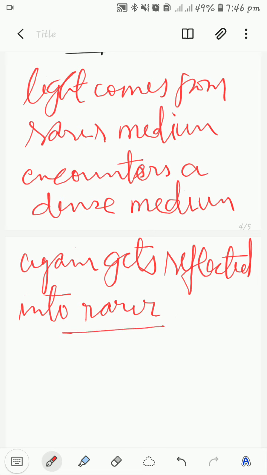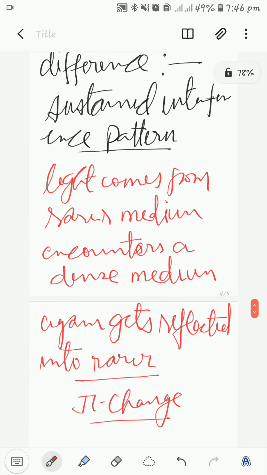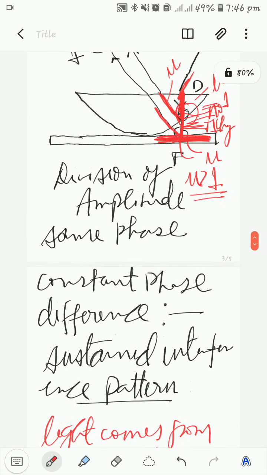So this is a condition of pi change. Here there will be a pi change in the phase of the incoming light.